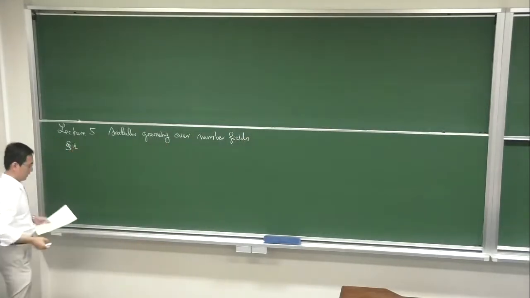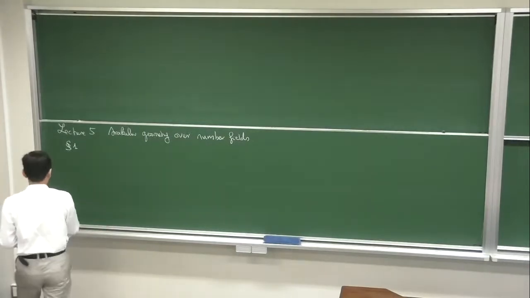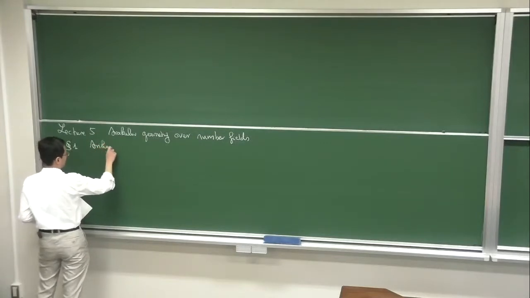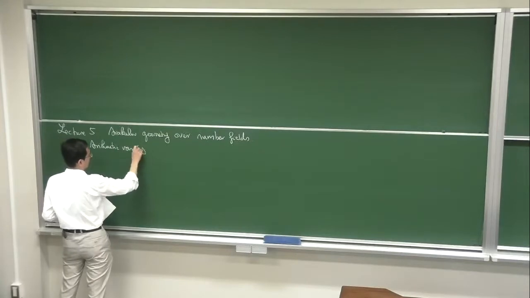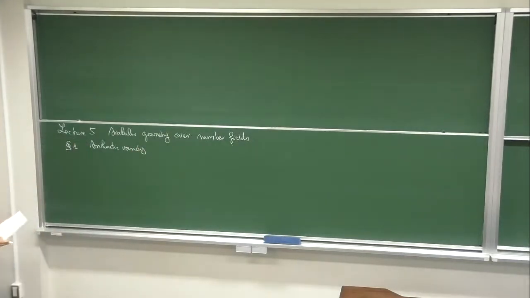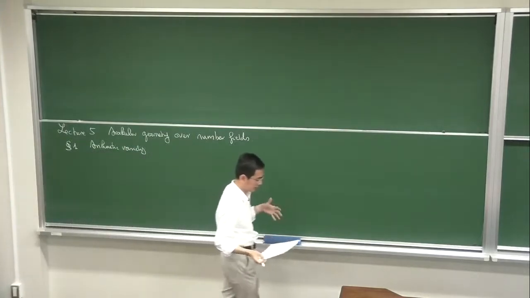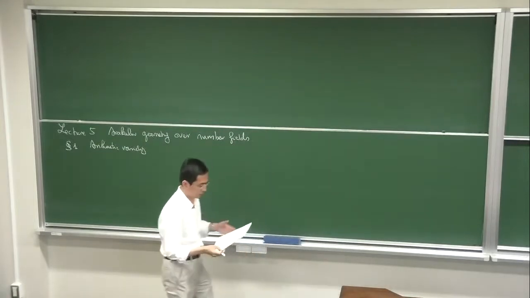So the basic construction of Arakelov geometry is the notion of arithmetic variety. You have already seen in the first lecture the geometry of numbers, which could be considered as the geometry of arithmetic varieties of dimension 1.